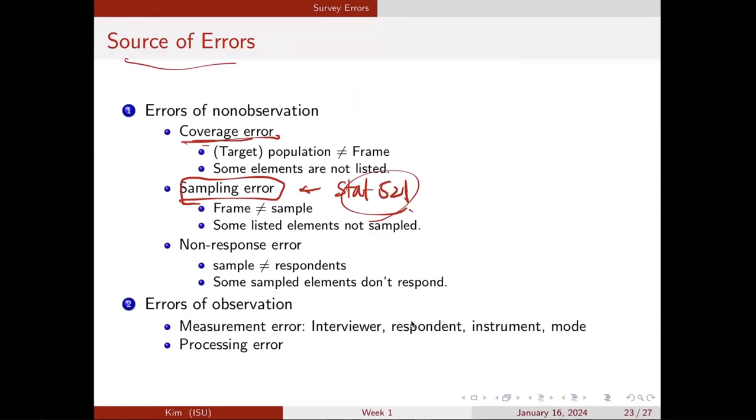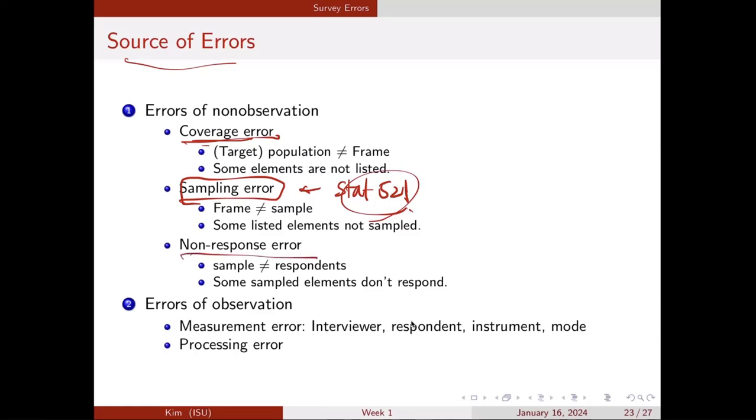What is coverage error? Suppose when it comes to sampling, we use a list. But suppose my list does not completely cover the population, then we have a coverage error.